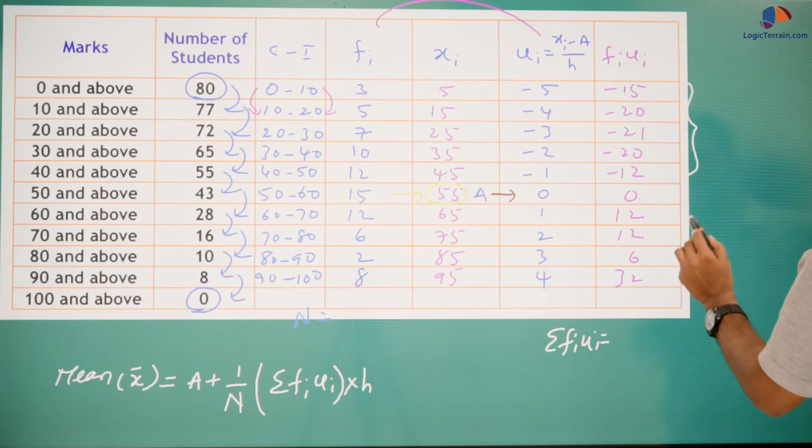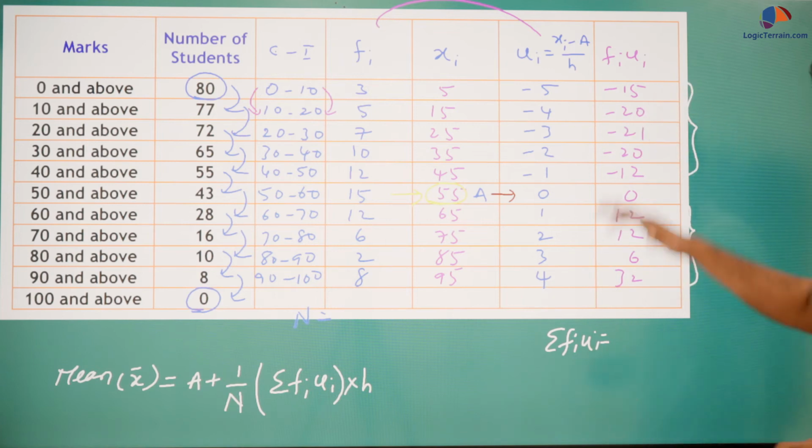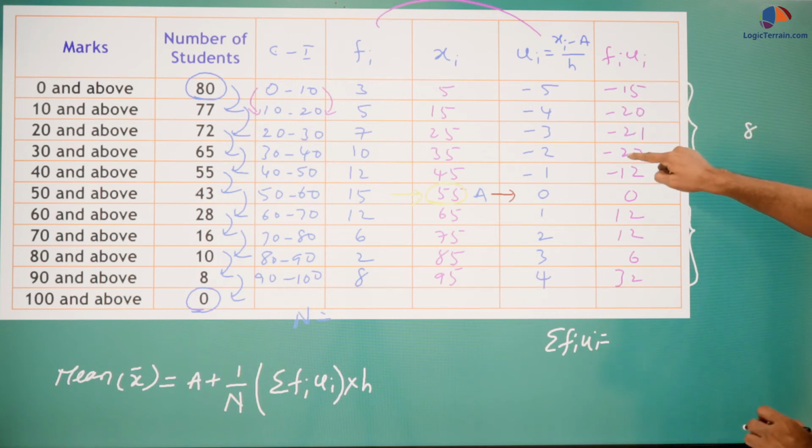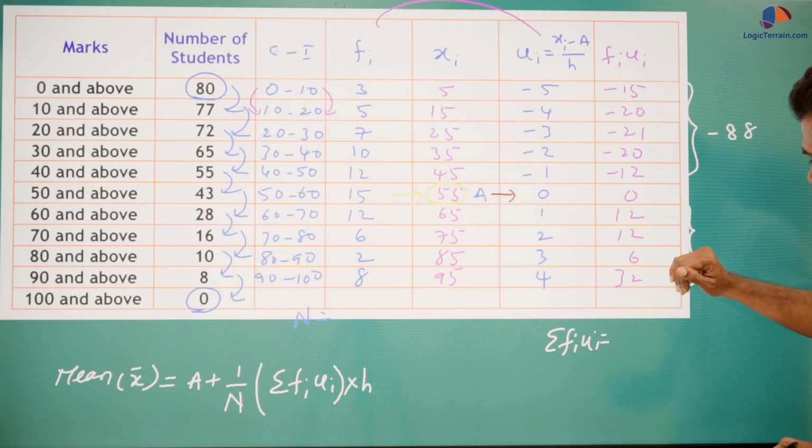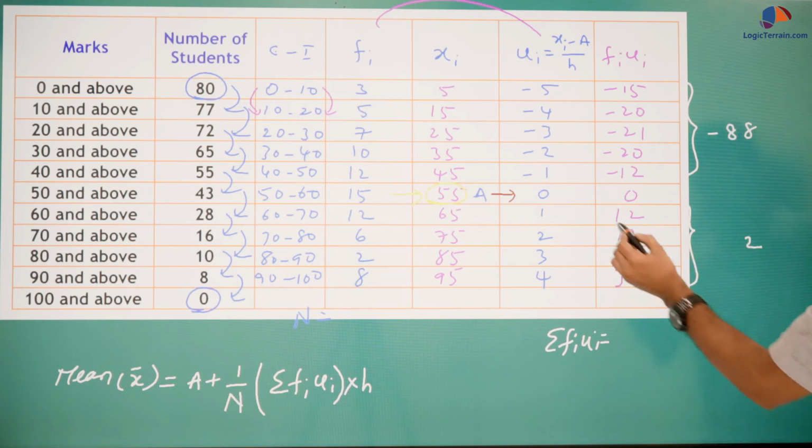Now we need summation fi ui. We'll add all these negatives and all these positives, and finally we'll sum up. When you sum up the positives, 5 plus 1 is 6, 6 plus 2 is 8, the negatives give negative 88, and the positives give 2, 2, 4, 4 plus 6 is 10, 10 plus 2 is 12, so 62.